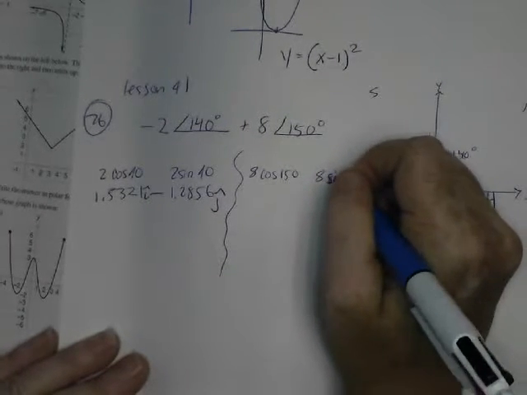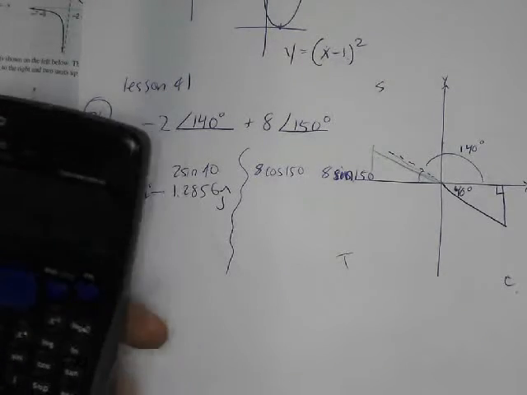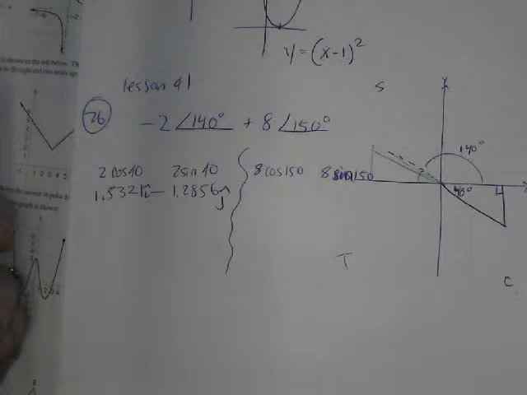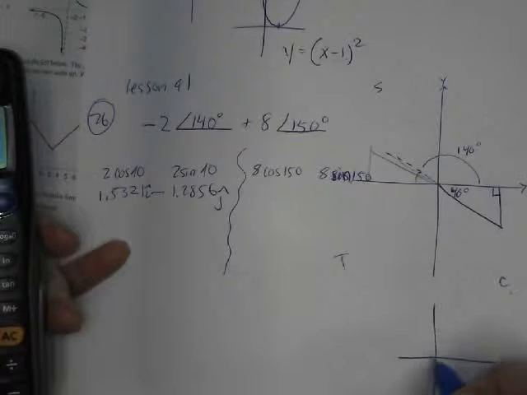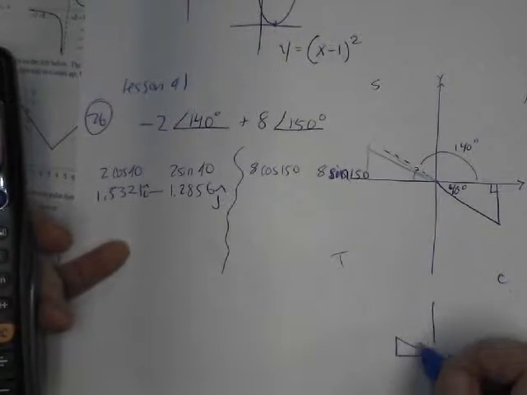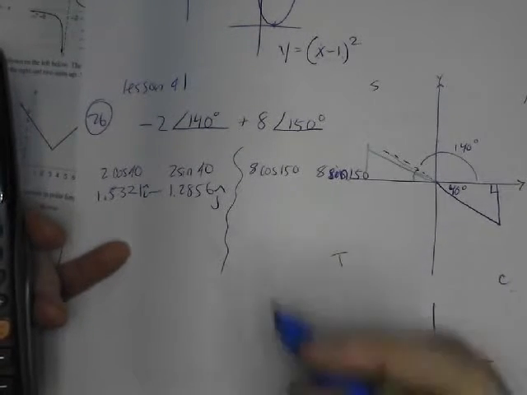That's kind of part of the reason for drawing it, also to get your reference angle. Wait a second. I'm going to stick with my way. There's my triangle, right? That's 150. That's 30. Yeah.